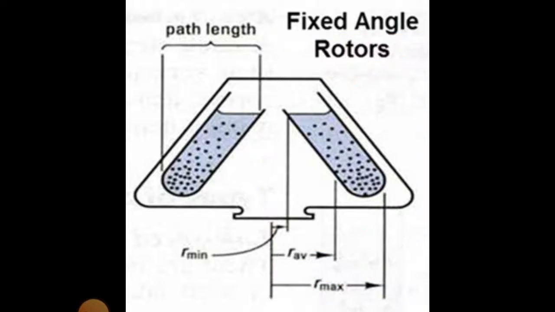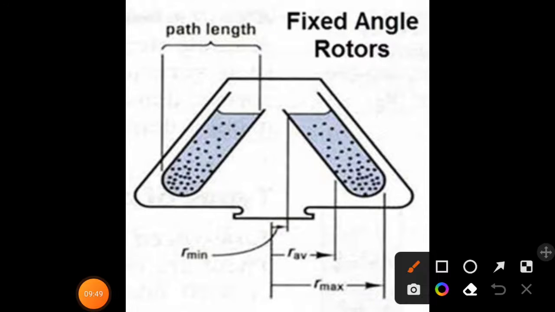So the fixed angle rotor provides faster separation due to the increased path length, as you can see, and here we are holding the tube at a 45 degree angle in relation to the axis. But here one problem is that the particles strike at the other side of the tube. As a result, the direction of the force is not in the direction where our particles are actually residing.